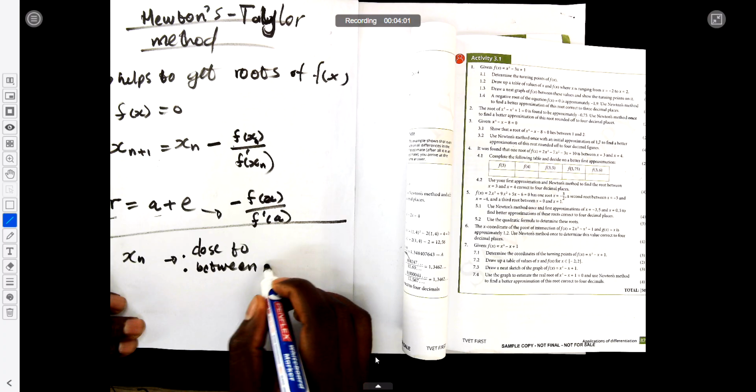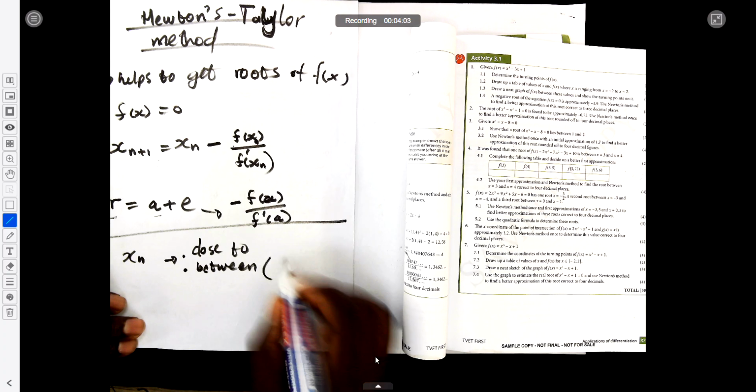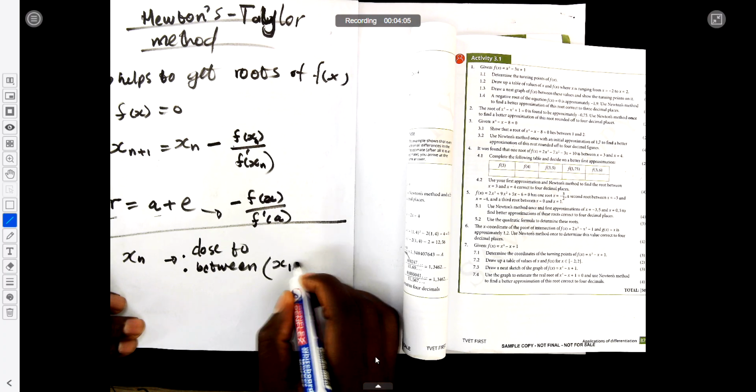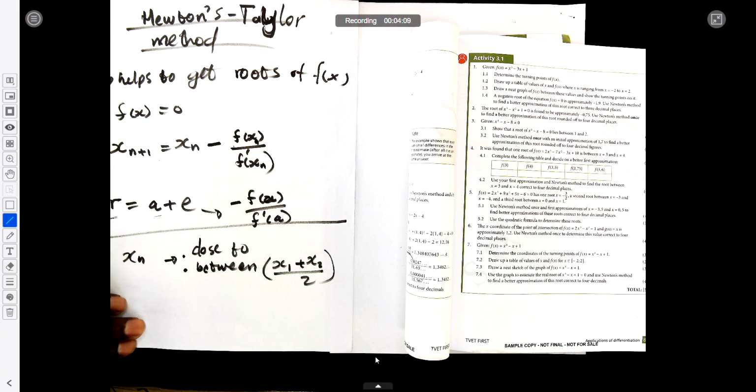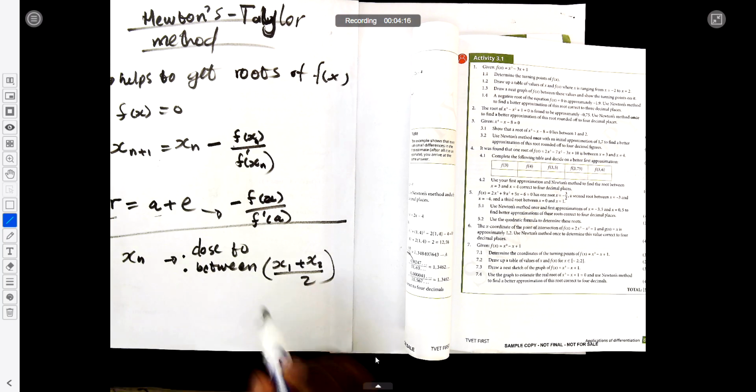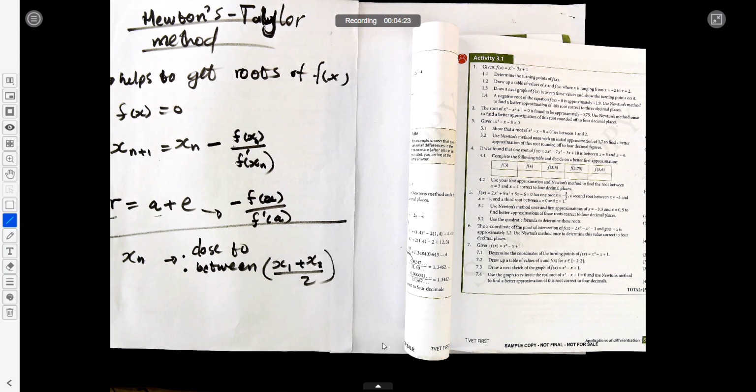But if they say it's between, it means that if it's between x1 and x2, you'll average the two values, x1 plus x2 all divided by 2, since the root is between those values. I wanted to draw these two notes here.